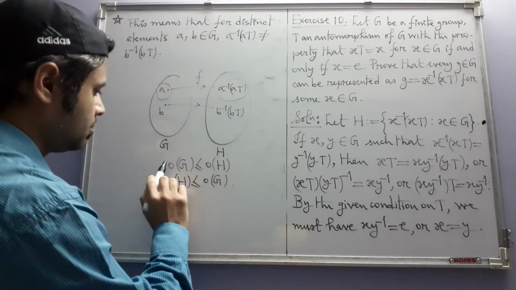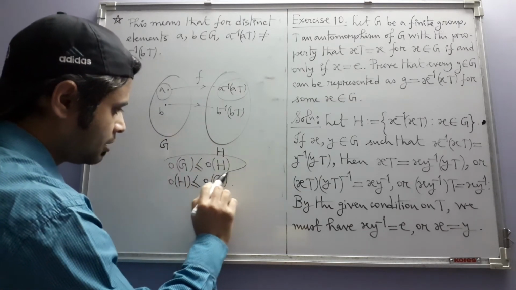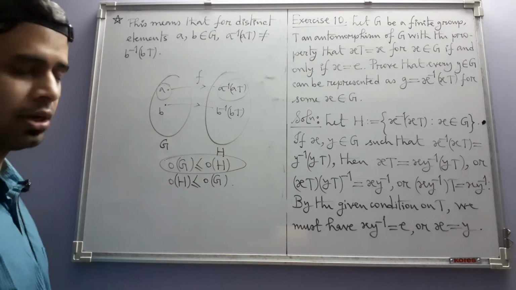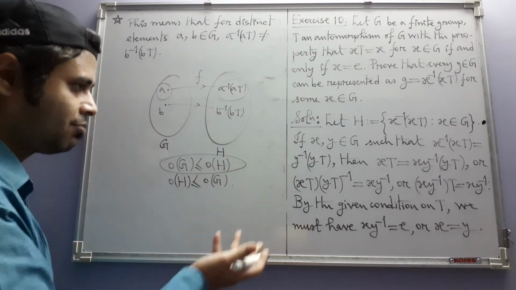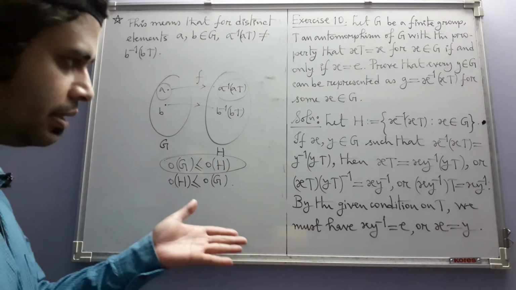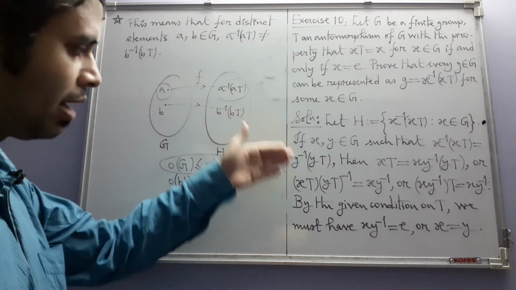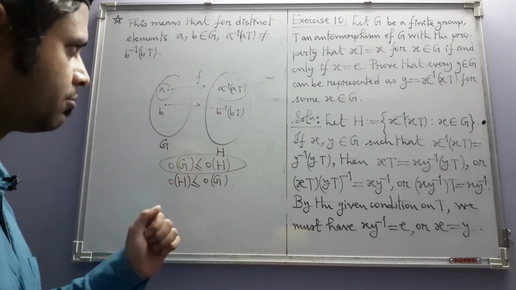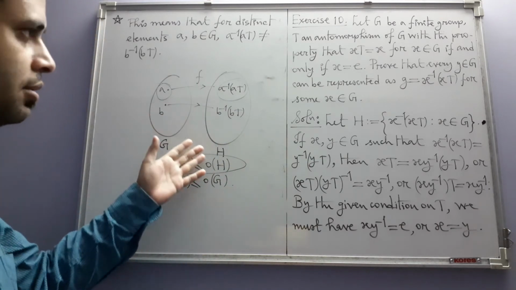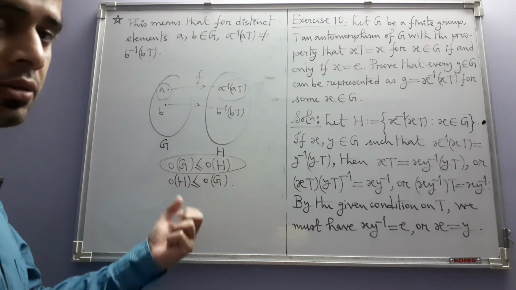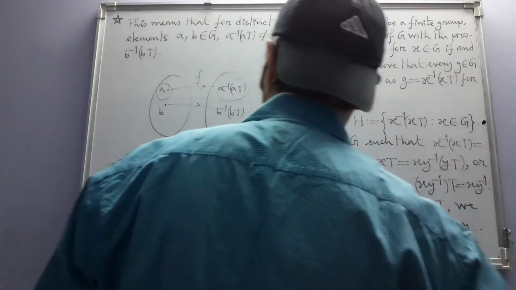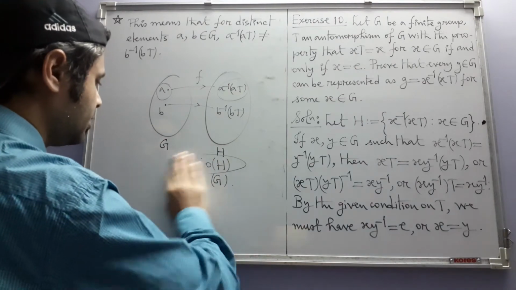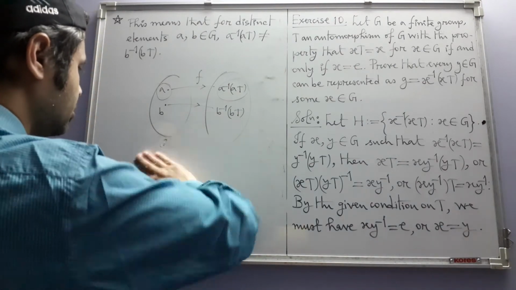So that's why from the one-to-oneness of that function we get this inequality. But since we have actually understood what's going on inside, why we are getting this inequality, I don't think there is any need to bring the language of function into this. We can just simply write like how we explain this right now.